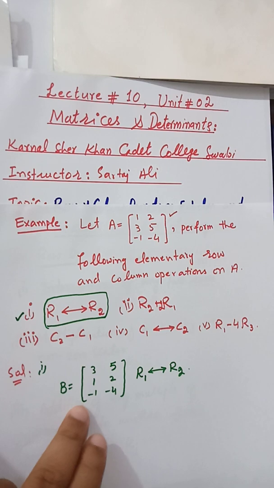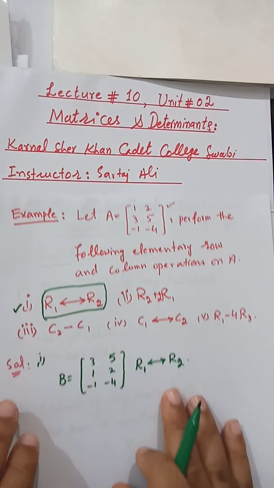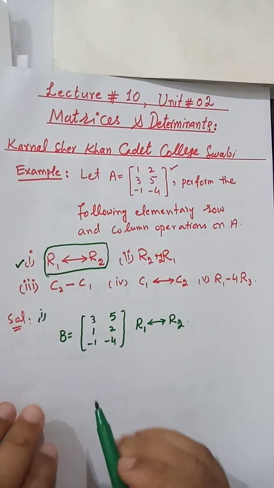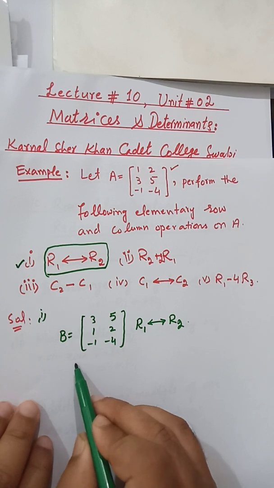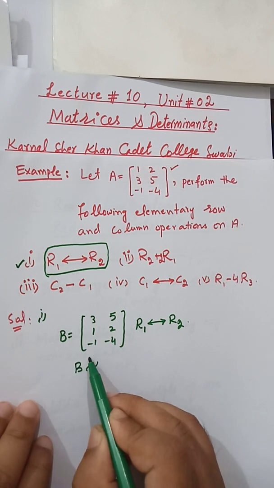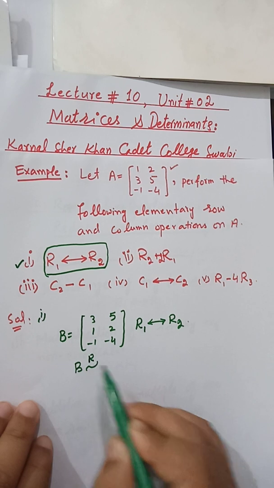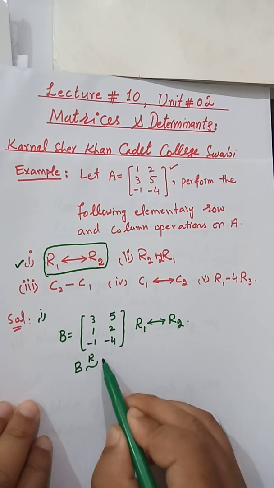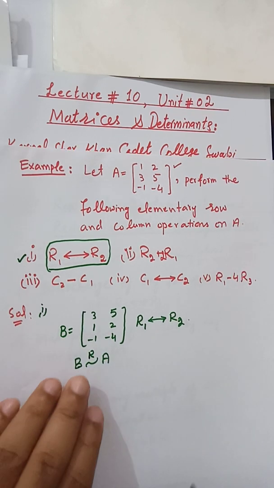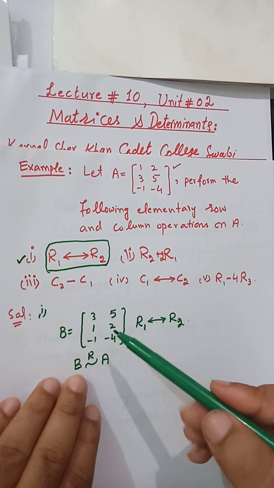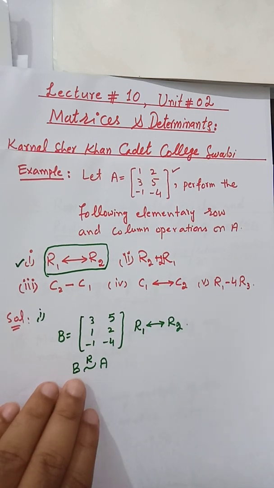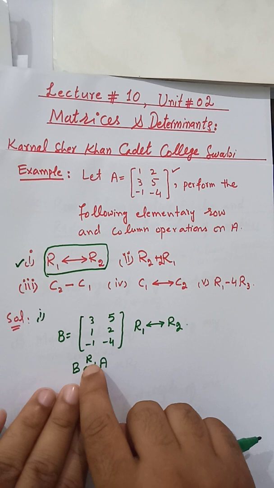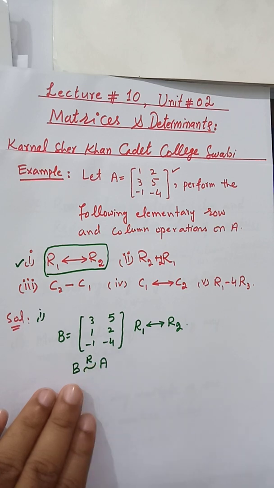The notation for a row equivalent matrix is B is row equivalent to A, and since this equivalent matrix is obtained by performing row operations, I write R here. This is the symbolic representation.